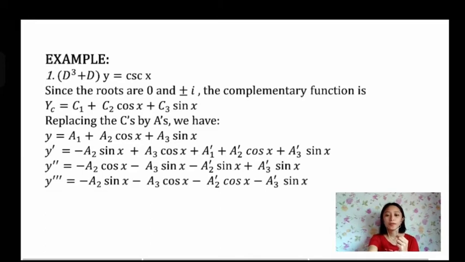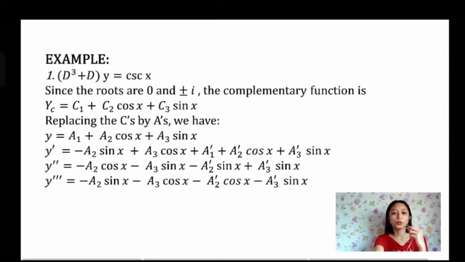So the complementary function is y complementary equals c sub 1 plus c sub 2 cosine x plus c sub 3 sine x. Replacing c's by a's, we have y equals a sub 1 plus a sub 2 cosine x plus a sub 3 sine x.